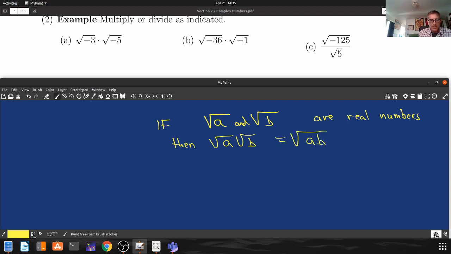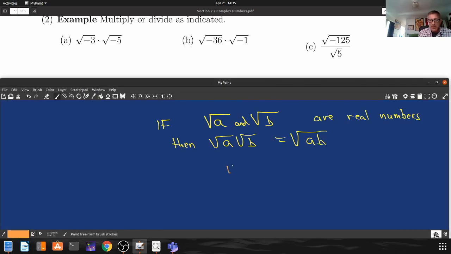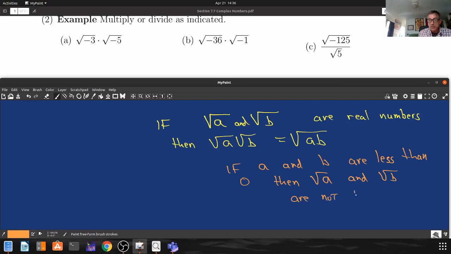So here's what I want to tell you. If A and B are less than 0, then the square root of A and the square root of B are not real numbers.